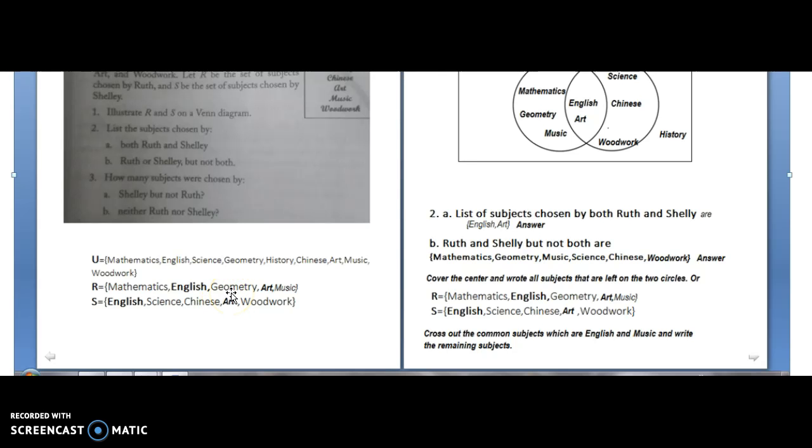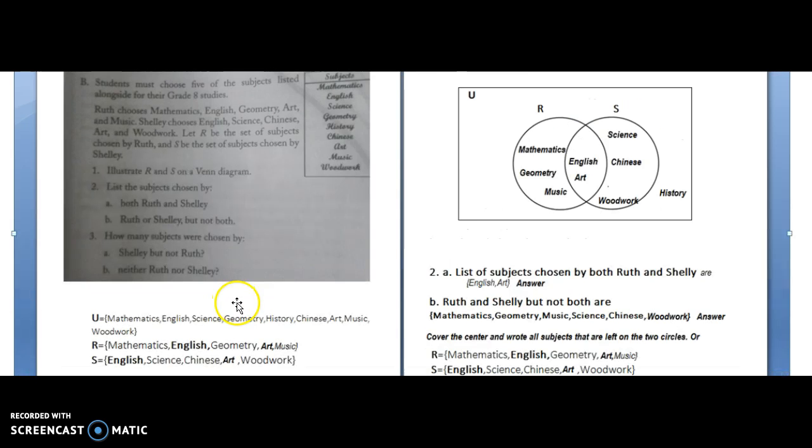First thing you have to write down in your Venn diagram is the English and art on the center, and then write the remaining subject on this side for R. So you have mathematics, geometry, and music. And then write S, the remaining subject, science, Chinese, and woodwork on this side of S.